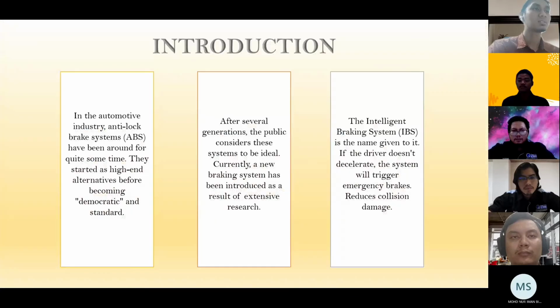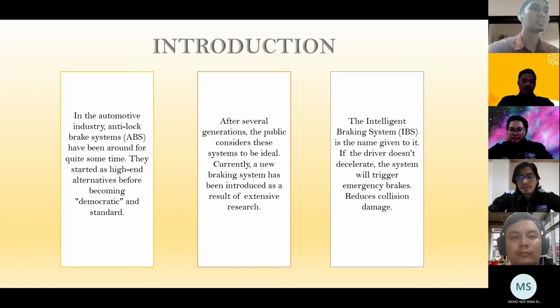Next, introduction. In the automotive industry, the anti-lock brake system, also known as ABS, has been around for quite some time. It started as a high-end alternative before becoming democratic and standard. After several generations, the public considers this system to be ideal.